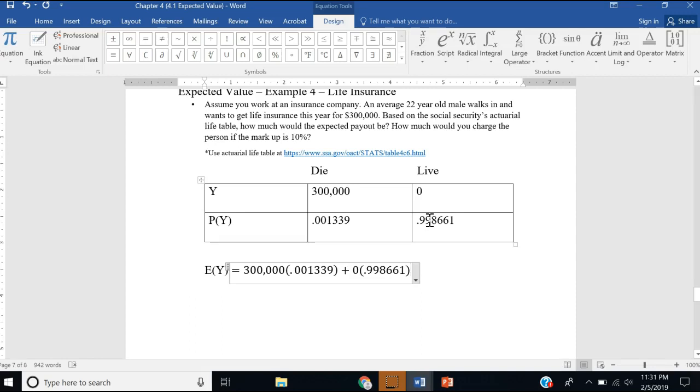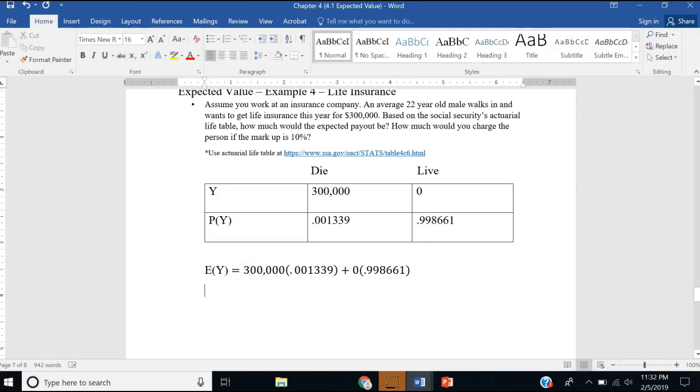And if we do that, 300,000 times 0.001339, I got 401.7. So the expected payout is, in this case, $401.70.